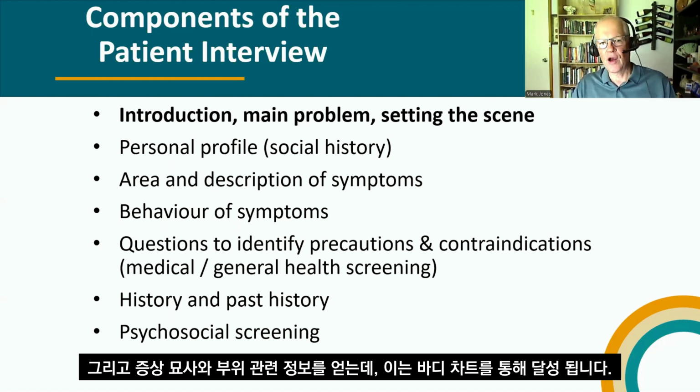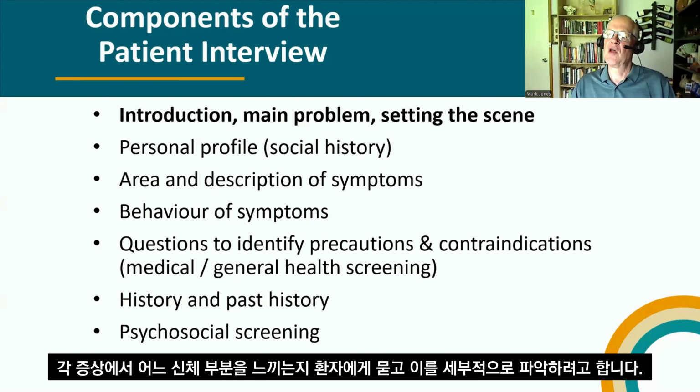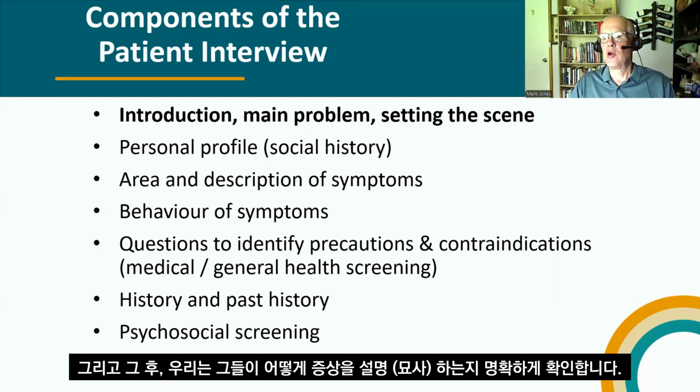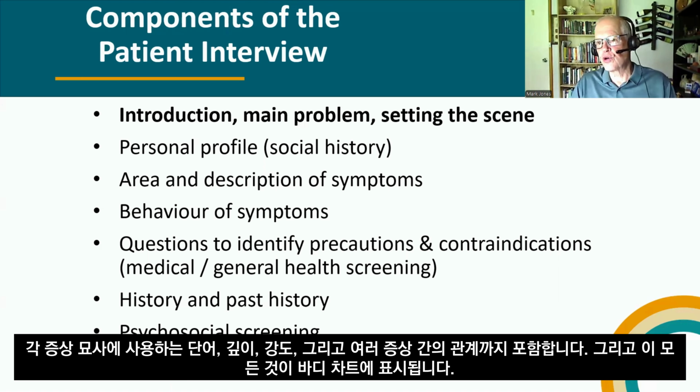Then we have the area and description of symptoms. This is something that typically we achieve through using a body chart where we ask them where they feel each of the symptoms they experience, and we try to map it out in some detail. With that, we make sure we're clear on how they describe it, including the words they use and the depth that they feel each symptom, and even the relationship between different symptoms.